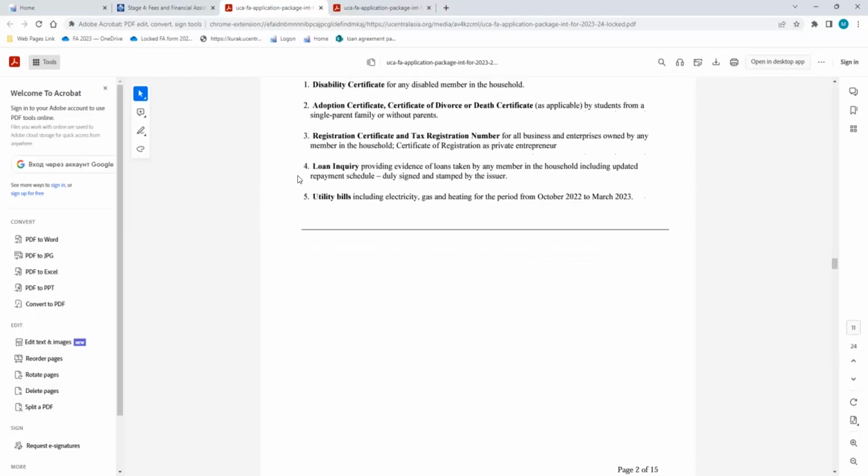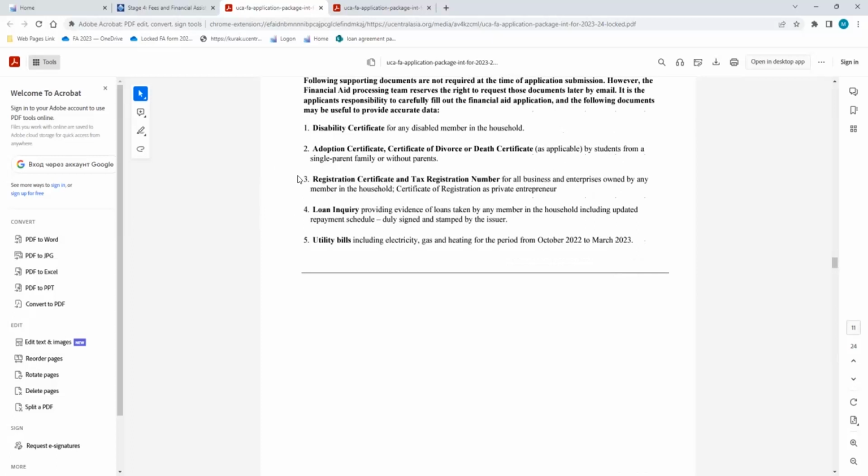If you remember, there was a box where we could indicate if we have a loan. If you indicate that you or any of your household members are paying a loan, then you have to indicate it in the online application. And in that case, we may require that.